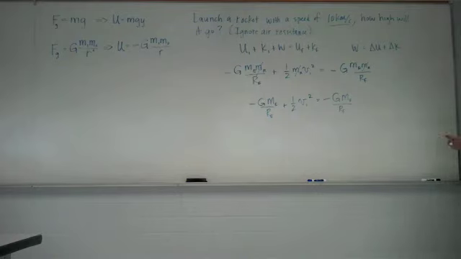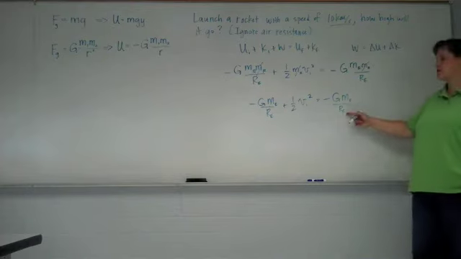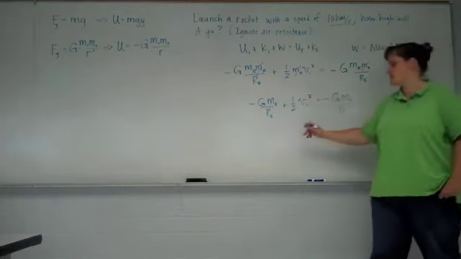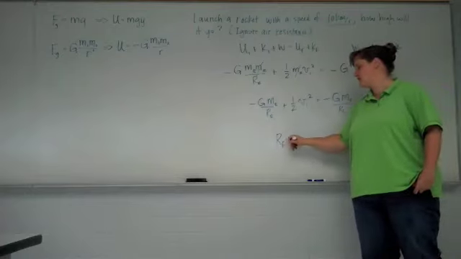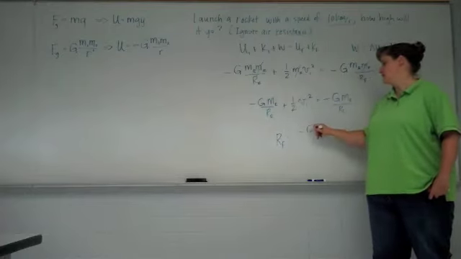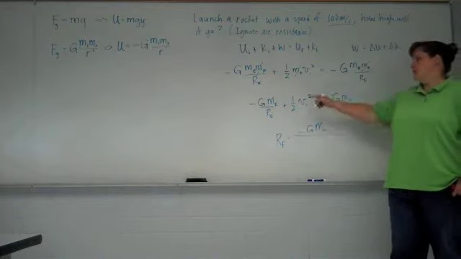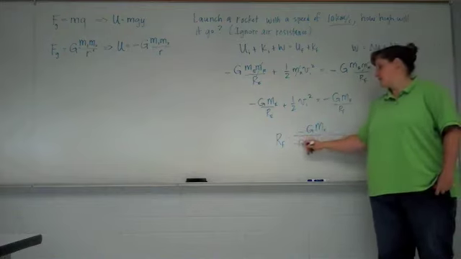We know the mass of the Earth, or at least we can look it up. It's in our book and on the test notes. We know the radius of the Earth. We were told how fast it was going. So our finals are the only unknown. To get our final, though, we need to cross multiply. So our final comes up to this side. All this stuff comes down to the other side.